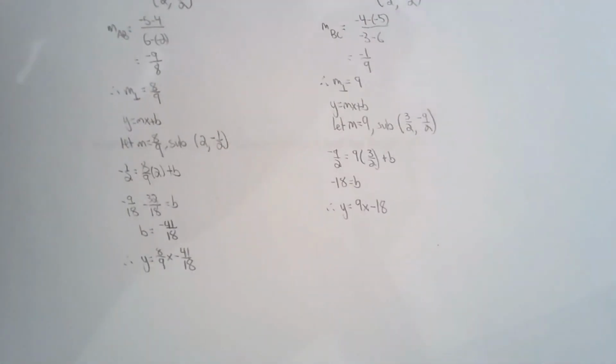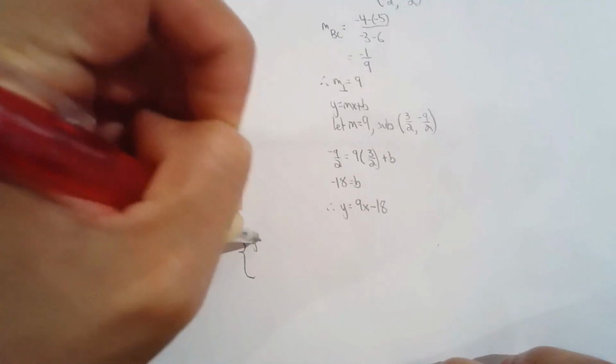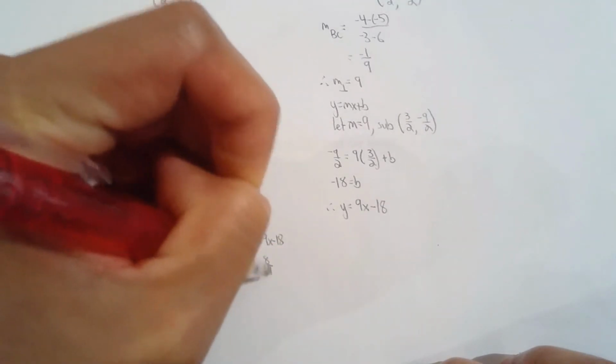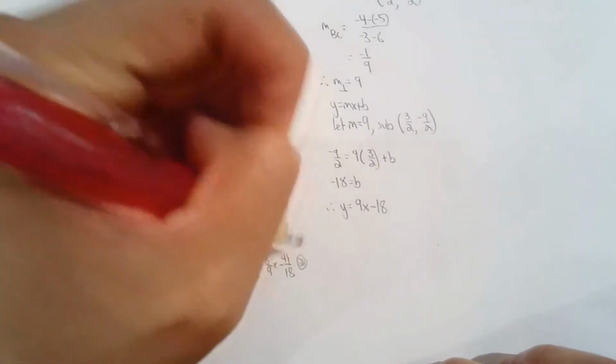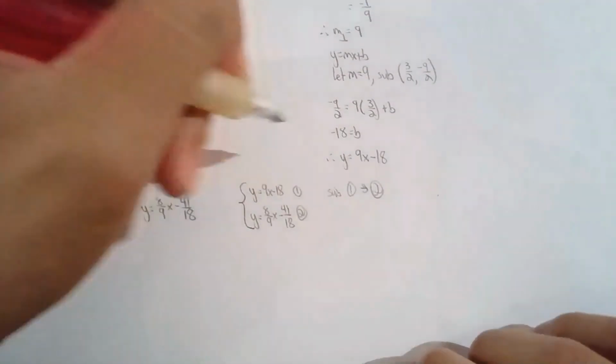And like I said, if you make a careless mistake there, that would be catastrophic. So now what do I do? Well, I have to solve a linear system. So sub equation 1 into 2. A lot of room for careless mistakes here, so be very careful.